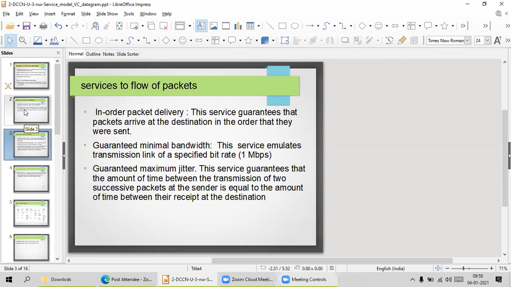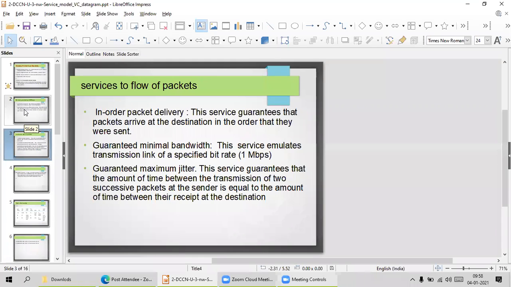Otherwise, if the link is capable of 1 Mbps and you pass more frames, more bits in that second, it is going to have congestion.